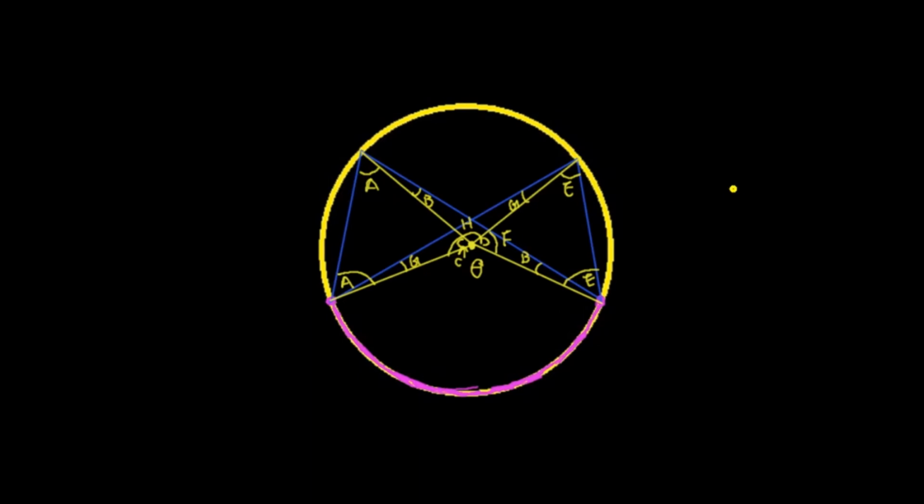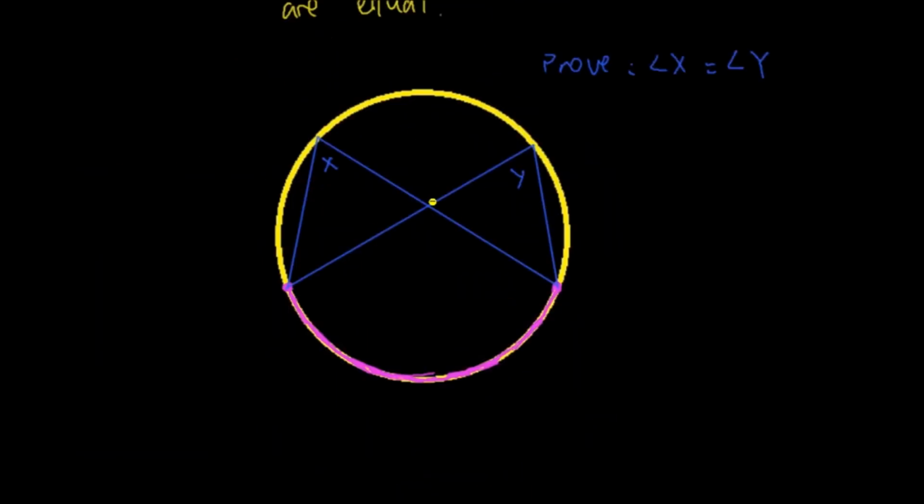Okay, so what can we say here? What we have to prove is that angle A plus B is equal to angle E plus G. So prove that angle A plus B is equal to angle E plus G. We're trying to prove x equal to y here, angle x equal to angle y, and this is the same diagram.